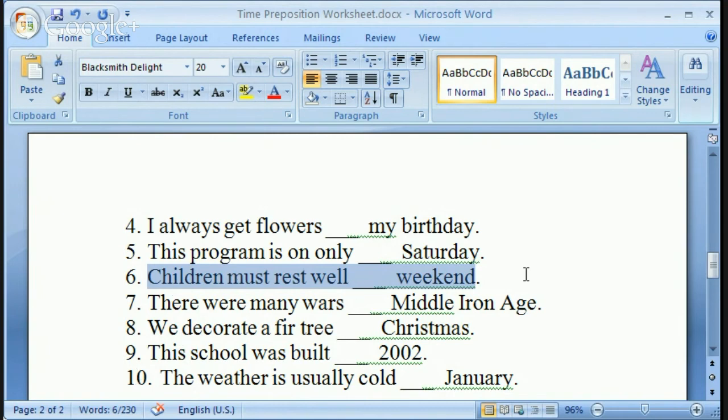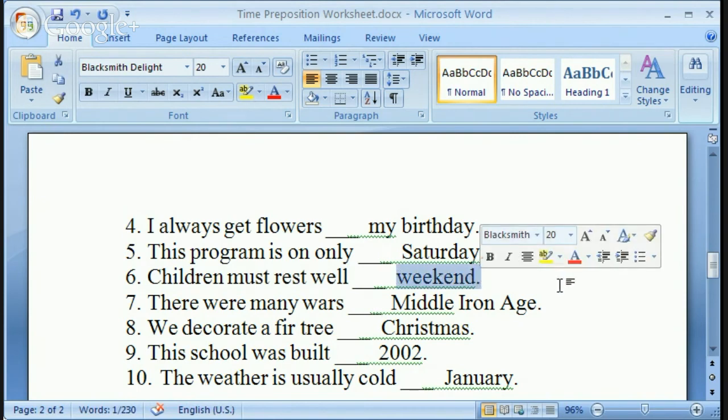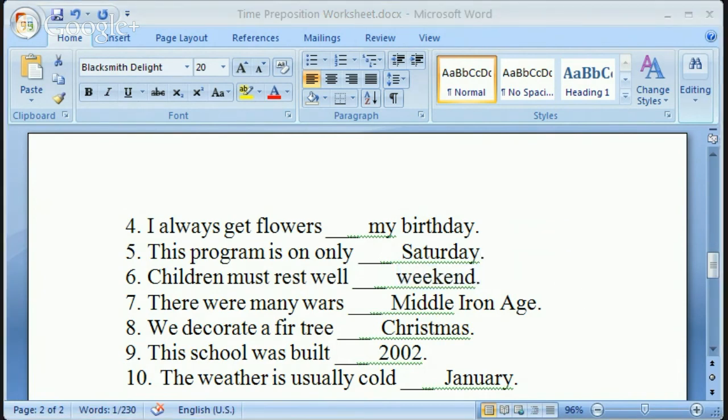Hussein, number 6. Children must rest well during weekend. Okay. Here's fine as well, but I think I should use children must rest well in weekend or on. Well, here's the problem, is that British English and American English differ on the use of the proper preposition.